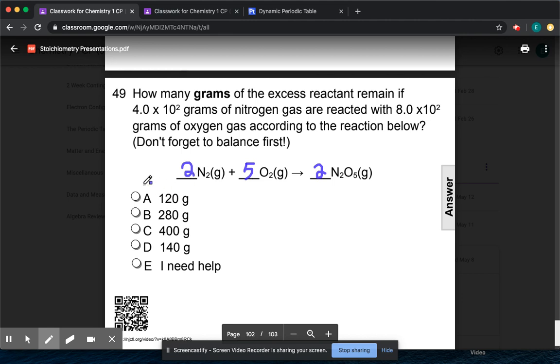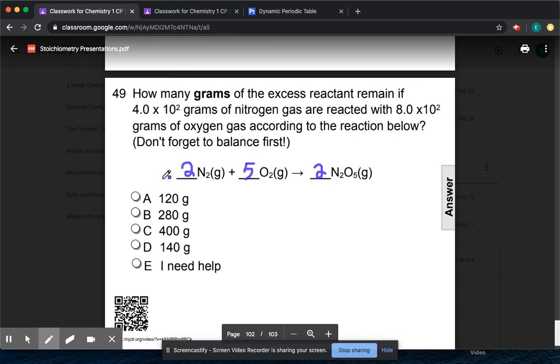Okay, so now that it's balanced, step 1, figure out which one is limiting. We have 400 grams of nitrogen and 800 grams of oxygen. I'm going to skip through some steps just for the sake of time.